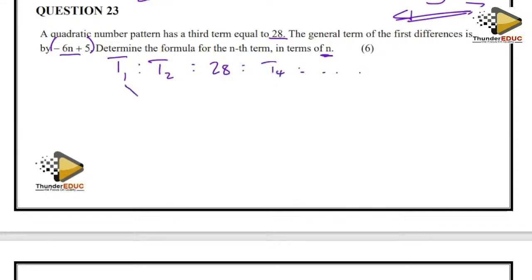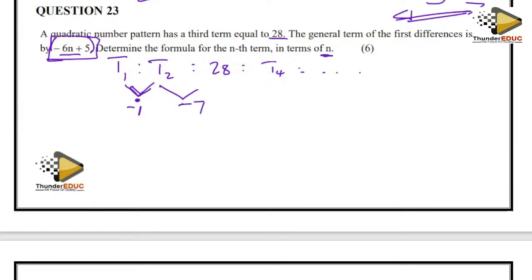The number that comes just here will be the first term of this whole. So where there is n, I can put a 1. So negative 6 times 1 plus 5, that will give me a negative 1. And then my second difference here, I'll use a 2. So negative 6 times 2, and then plus 5. That will give me negative 7.